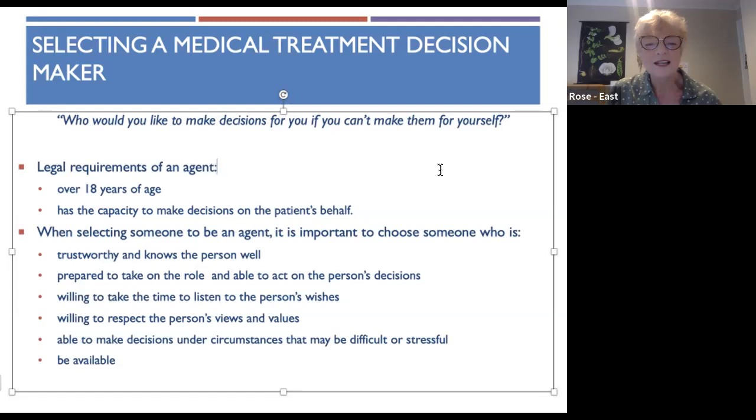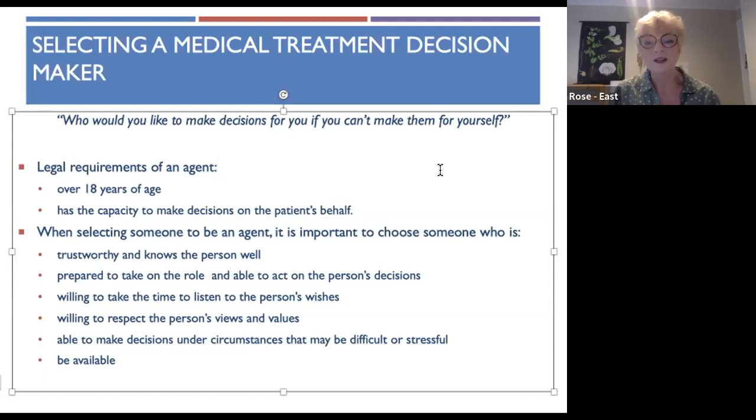So while you're counselling people about appointing a medical treatment decision maker, and what you know of the family structure and dynamic, always include that suggestion that they really think carefully about who it is that's making a decision. Are they good at making decisions under pressure? Are they going to follow your wishes?